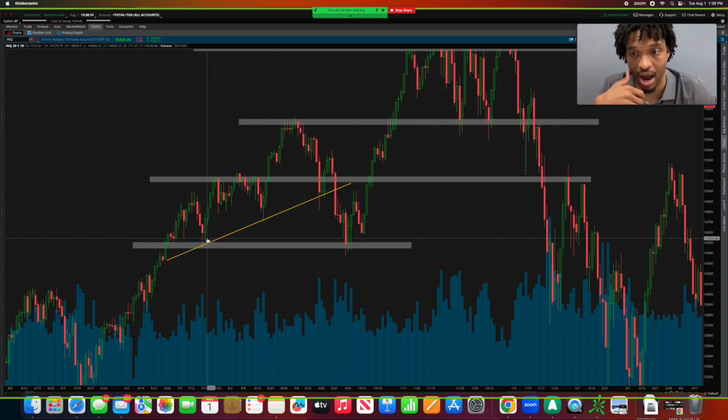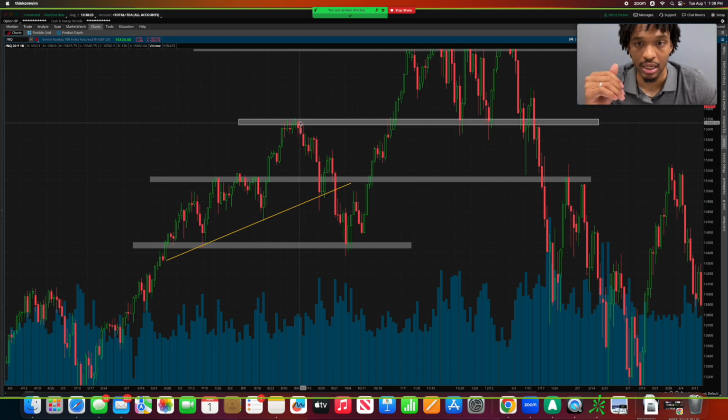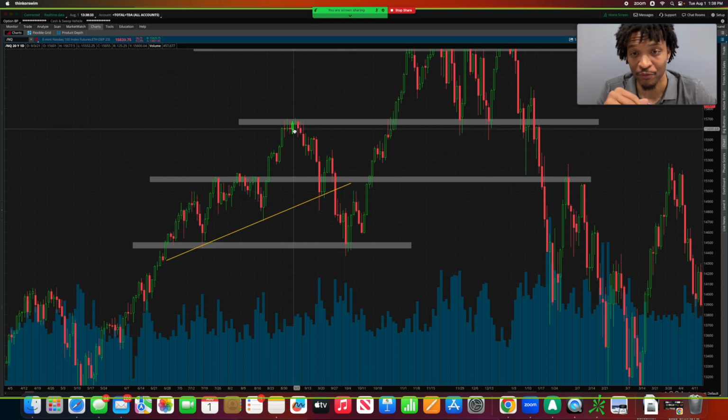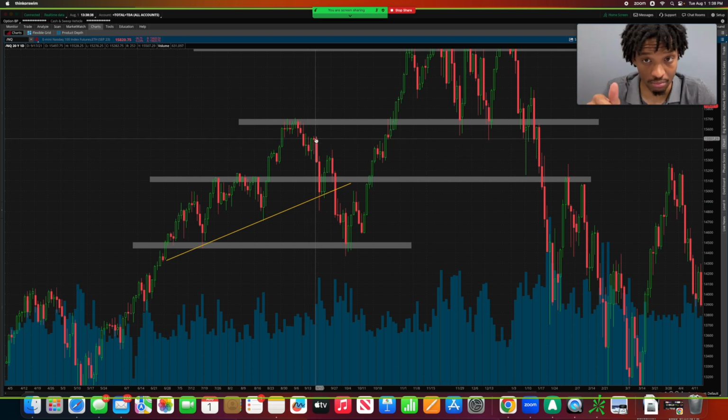Right here, we had a low, and then a higher low, right? This low was higher than this low. And then we have a lower high. Sorry about that. We're here, and then we make a move down, make a move back up. That's a high. We make a move back down, and back up.